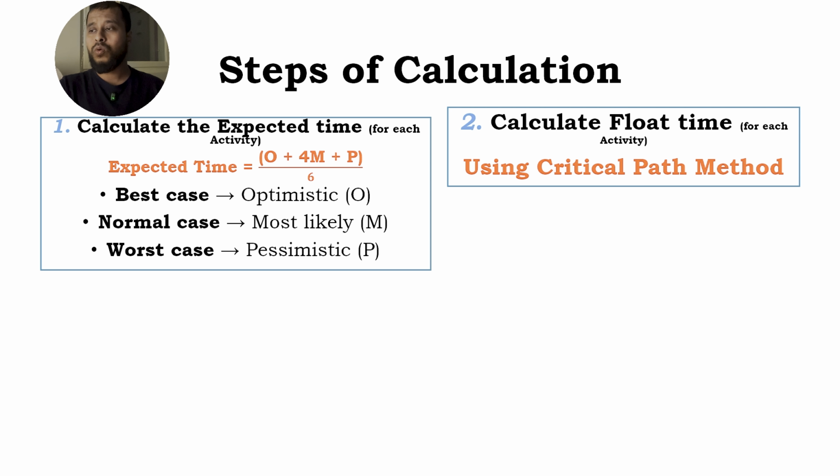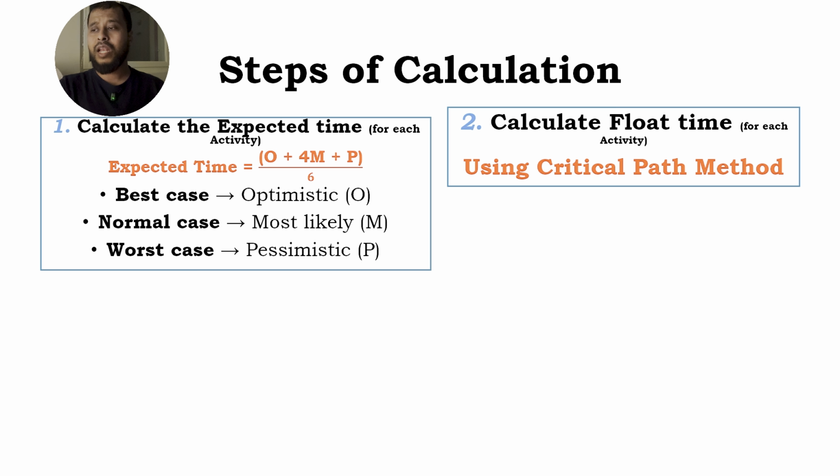Then we will calculate float time for each activity using the critical path method. If you do not know what the critical path method is, or you do not know how to measure float and float time, then I would suggest you check out my video about the critical path method. I will leave the link in the description box below.